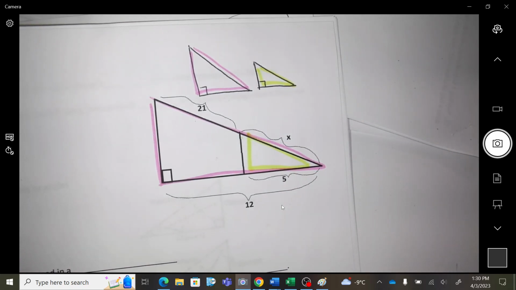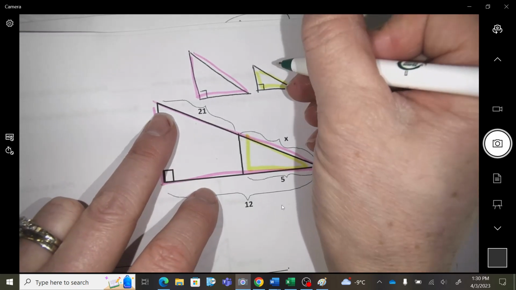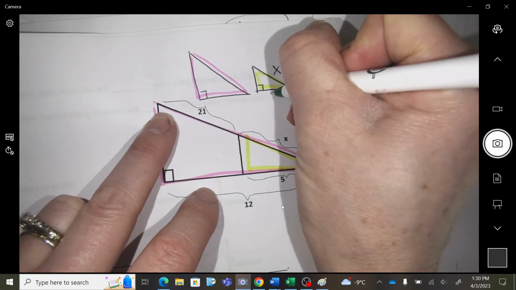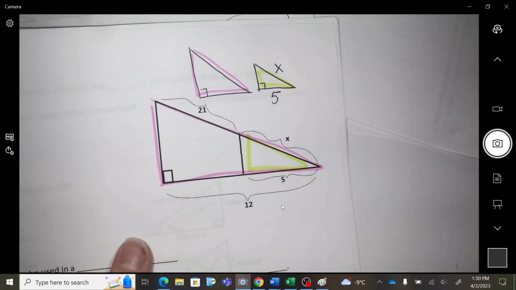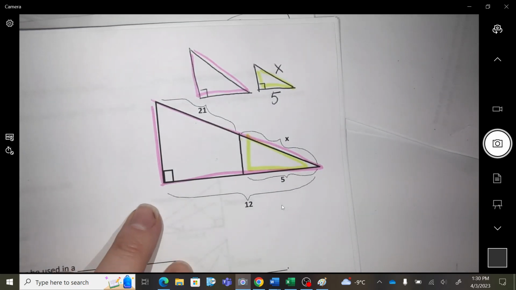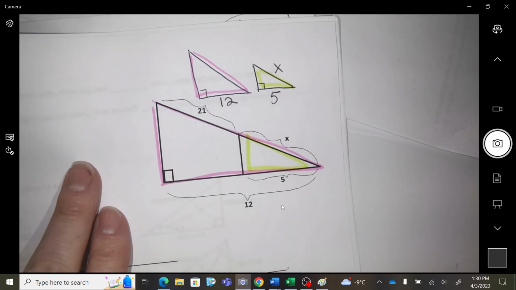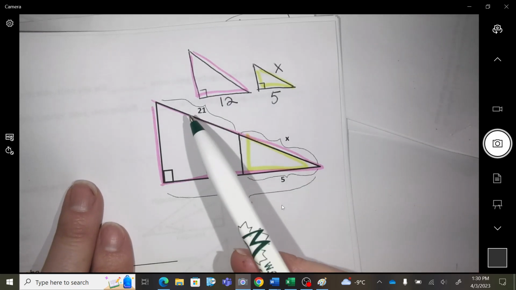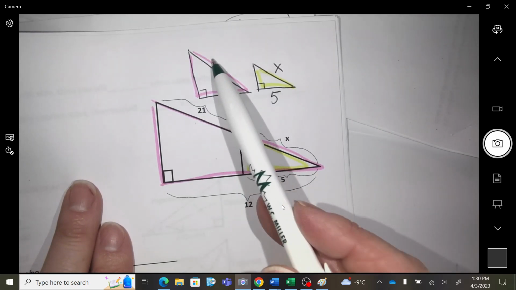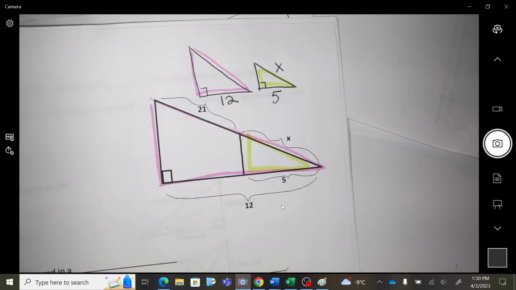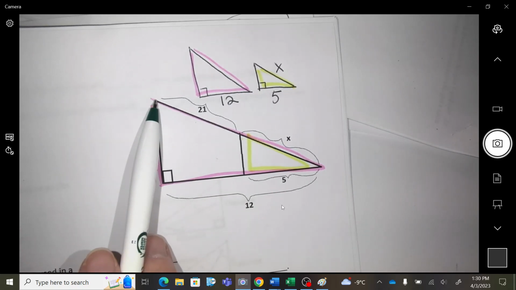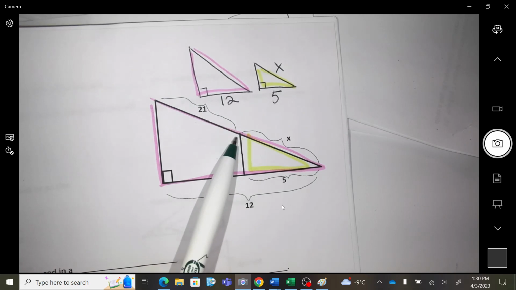The small triangle will have an X and a 5 on it, right? The big triangle will have a 12 on the bottom. This side of the big triangle is not 21. 21 is only this portion.